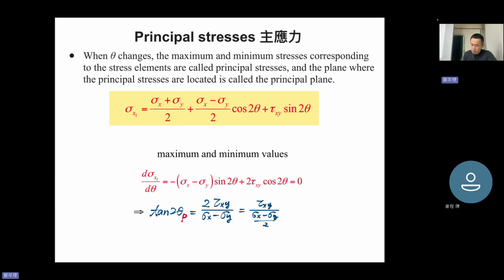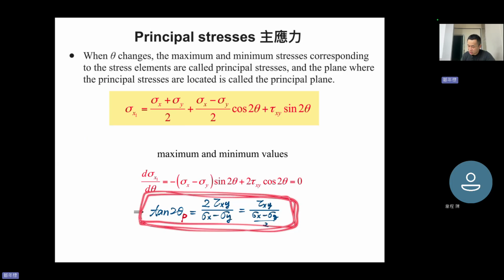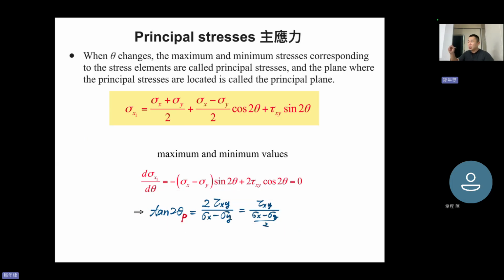And again, I just mentioned that because of cosine and sine, it will give you a maxima or minima. To solve for the maximum and minimum, we do the differentiation and make it equal to 0. And then we found the solution looks like this. So whenever this theta p satisfies this equation, it means that theta p is the orientation where principal stresses occur.